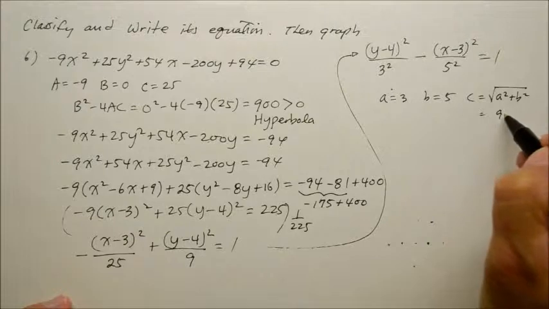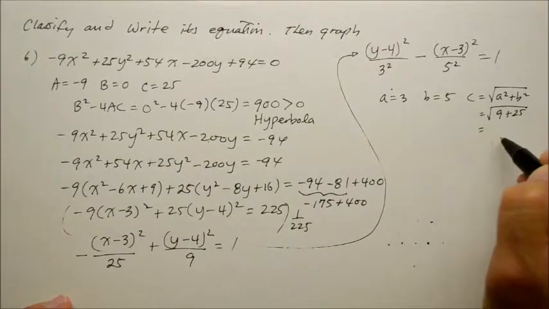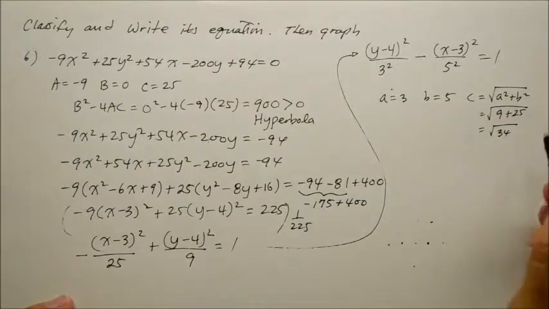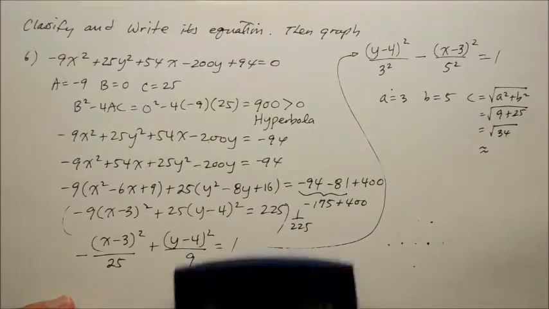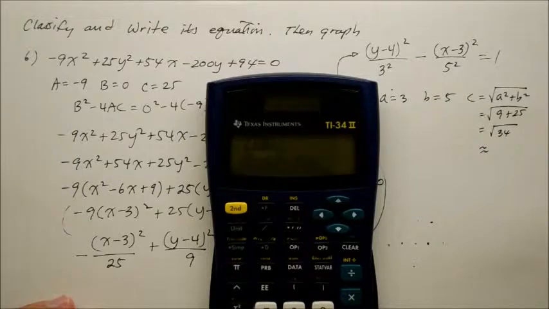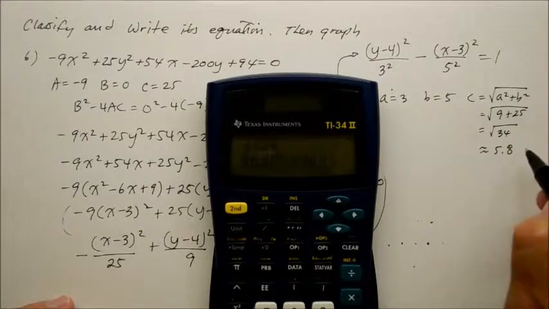So that's going to be 9 plus 25, square rooted, and that becomes the square root of 34. What's the square root of 34? Let's figure this out so we get an idea what it's going to look like on the graph. It's approximately 5.8. Alright, we got enough information.